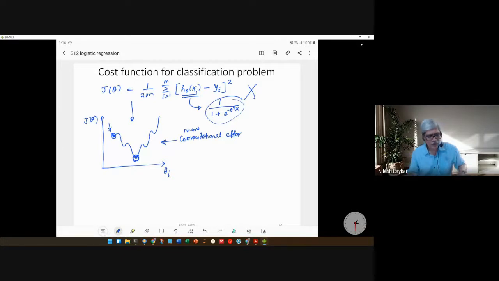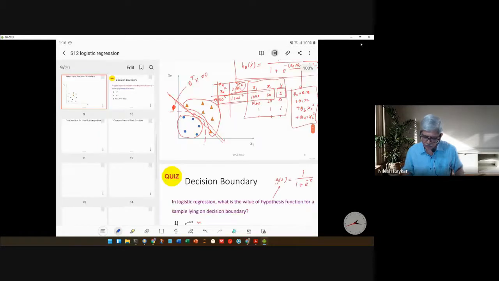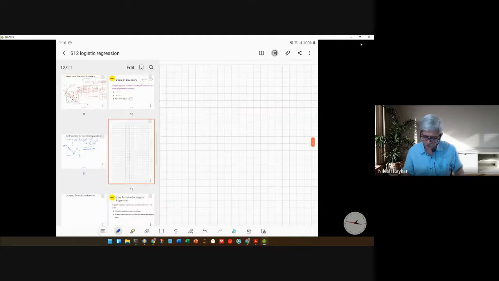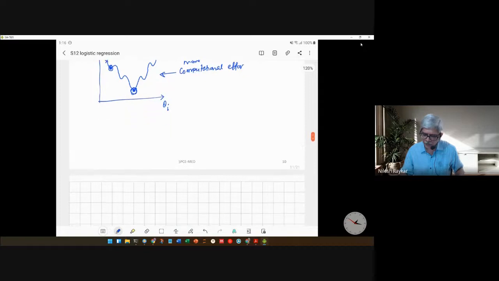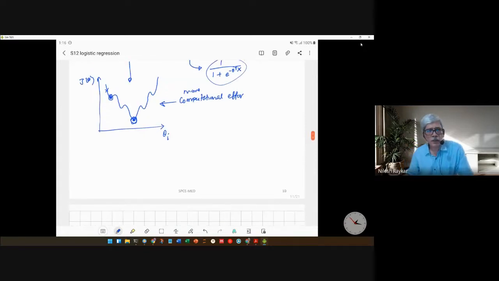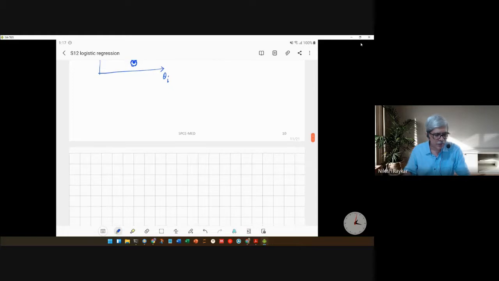As a result, we don't use the least square cost function for logistic regression. We use an interesting function, so let's see that particular form of function. Having seen that we cannot use the least square function or the square sum function as a cost function, the cost function for logistic regression is defined as follows.